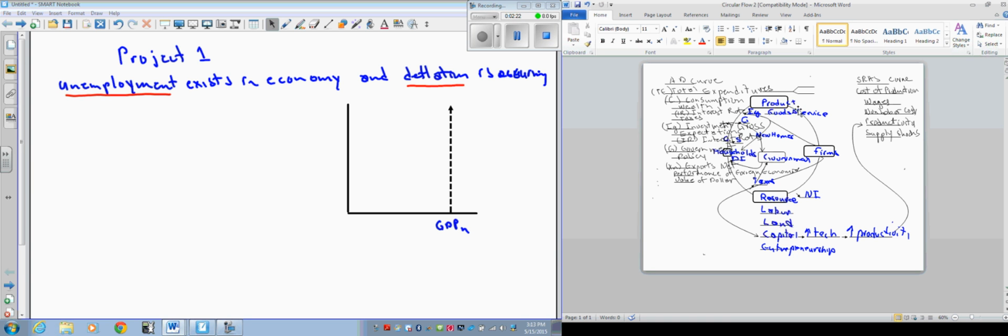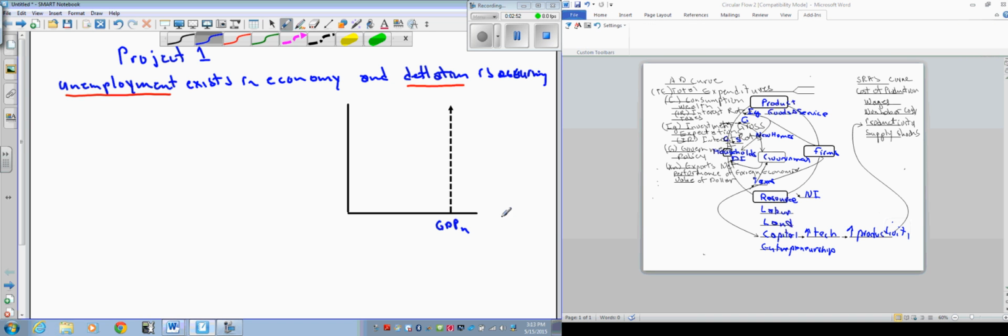The amount of goods and services that firms are producing is going to fully employ particularly labor, but land, labor, capital, and entrepreneurship. That will be full employment. And that happens only at this unique level of GDP right here. Remember that the horizontal axis is representing GDP, and the vertical is price level.